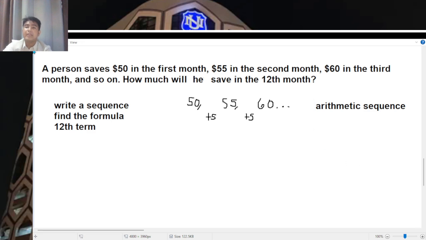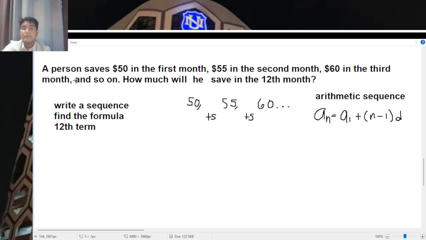Okay? And an arithmetic sequence has this formula. a sub n would be equal to a sub 1 plus n minus 1 times d. Okay? So I'm just gonna put it here. Alright. So with that, just replace the first term and the common difference. How much is being added, diba?